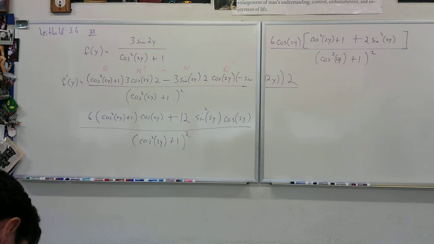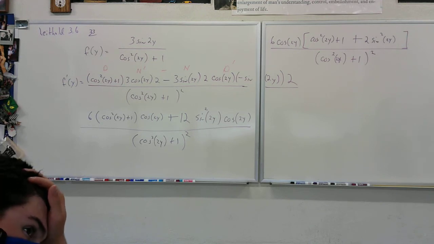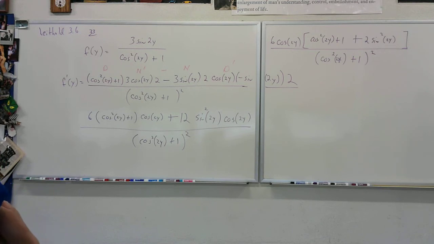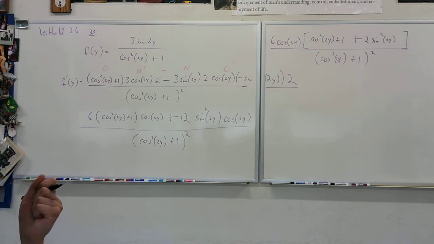All right. Now, we just did 33. Let's skip down here. This is 3.7. Let's just go ahead and get down here at the very bottom.